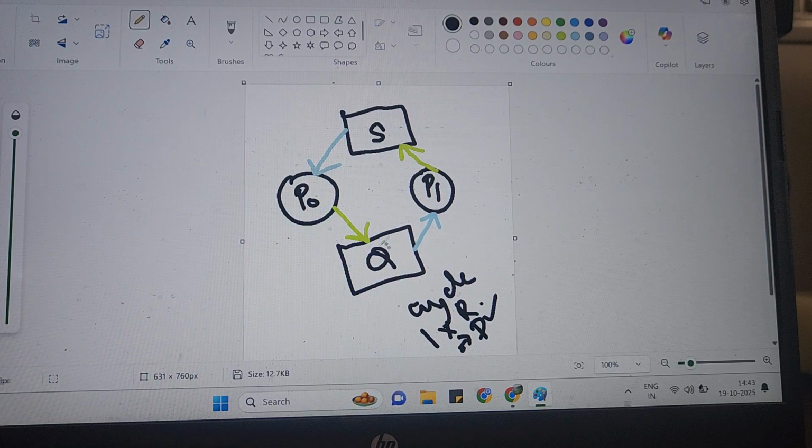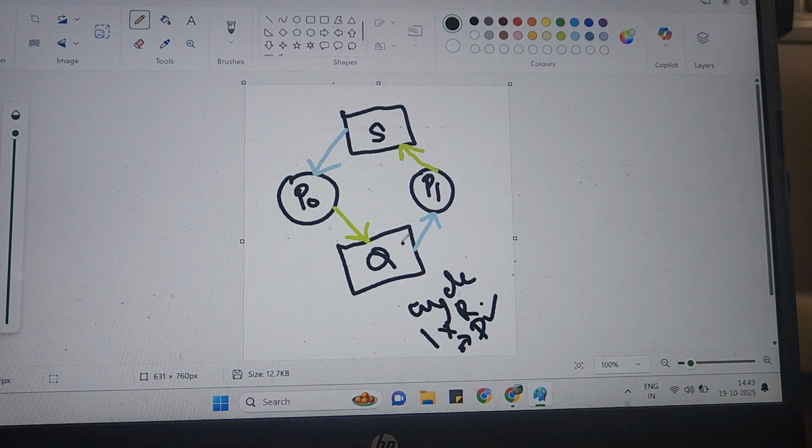Similarly, this process wants Q, but Q has been given here, which is what we mean by a deadlock, right? So that is what we mean when we say if there's no cycle, there's no deadlock, and if there is a cycle and every resource type has only one instance, then you have a deadlock.